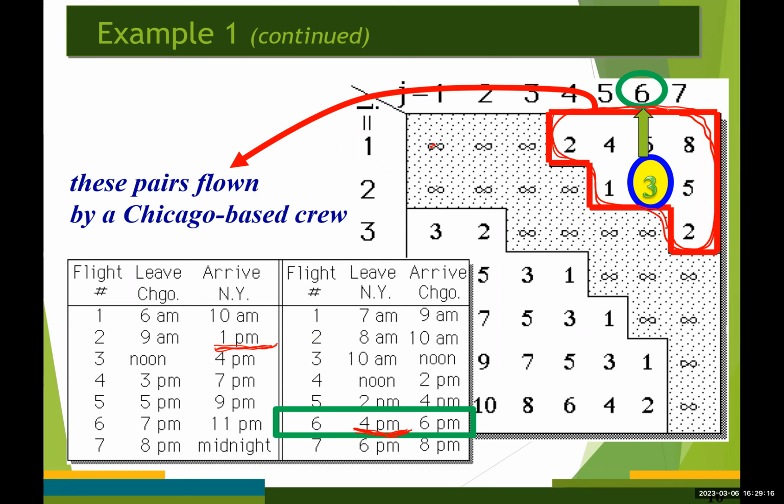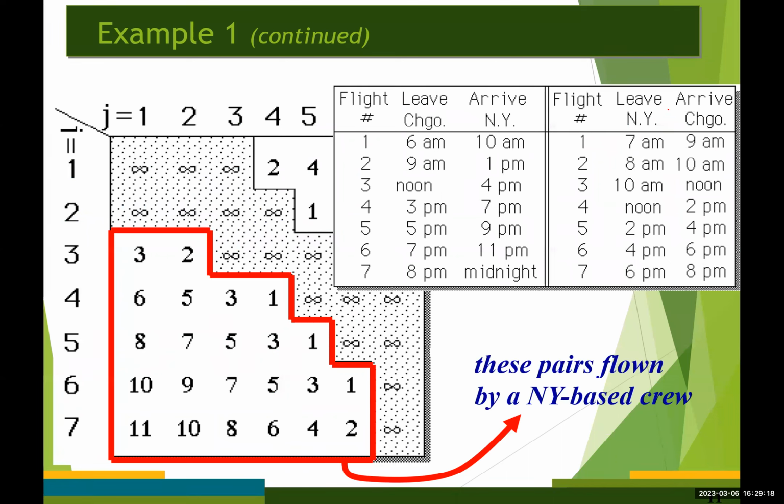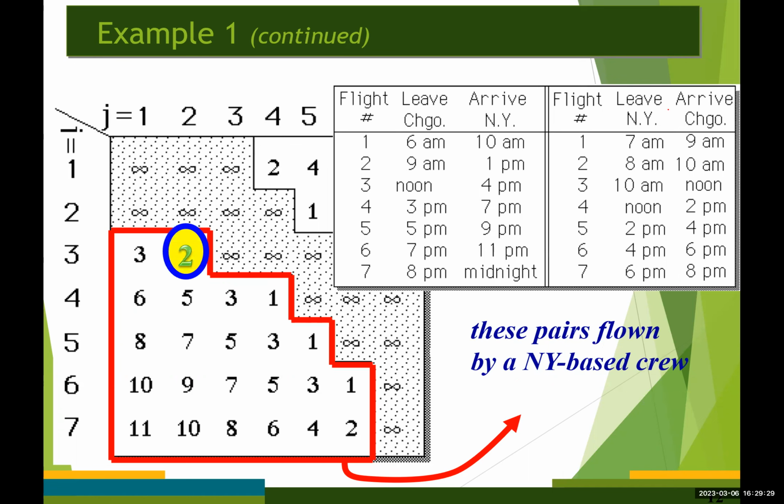Okay, next, these pairs are flown by a New York-based crew. So, for example, how would you get this layover time of 2 hours? What happens if this is the case of a Chicago-based crew?